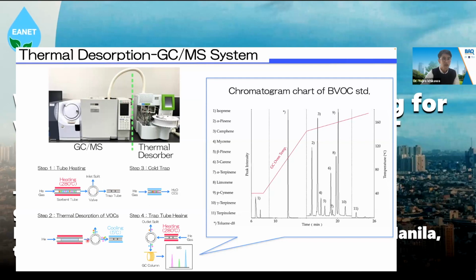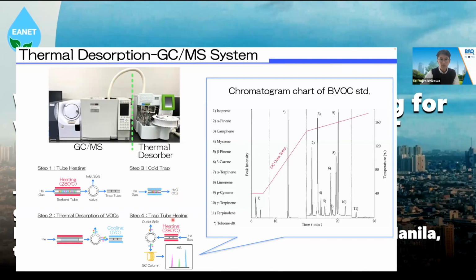Step 2 is the VOC components will be desorbed from the solvent tube, and it flows down to the valve right here. And some amount of the VOC sample will be discarded, but some will go into the built-in tube, which will be cooled to about 5 degrees in order to trap VOC components right here. And for step 3, helium gas flows into this built-in tube to remove water and carbon dioxide.